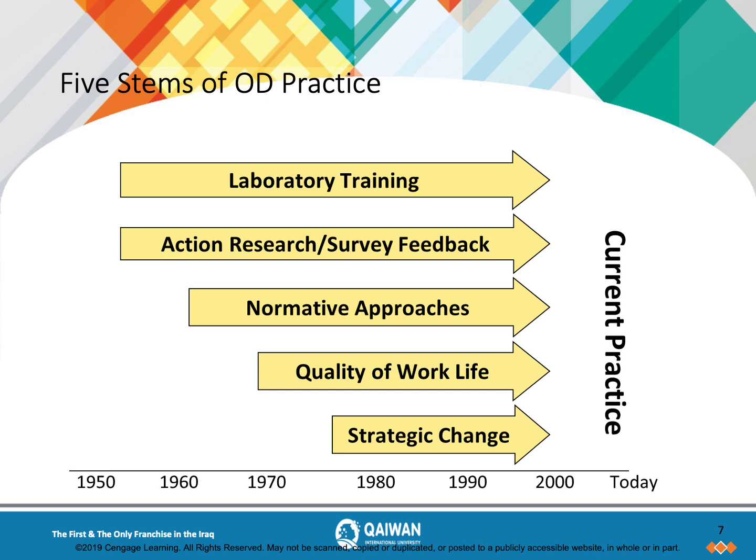And from 2000 to the current practice, integration of all approaches. So today organizations don't use one approach, they combine all 5 approaches, because a modern company trains employees, uses surveys, applies best practice, supports employees, and adapts the strategy, which is the last stem, strategic change.